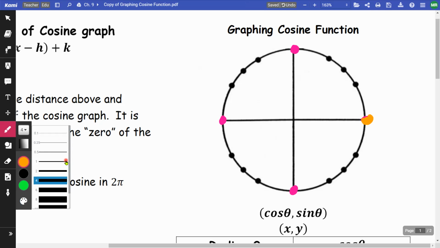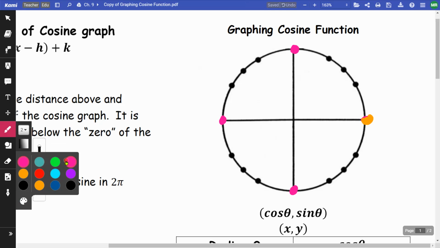So the coordinates of these are 1, 0, 0, 1, -1, 0, 0, -1, and back to 1, 0 again.